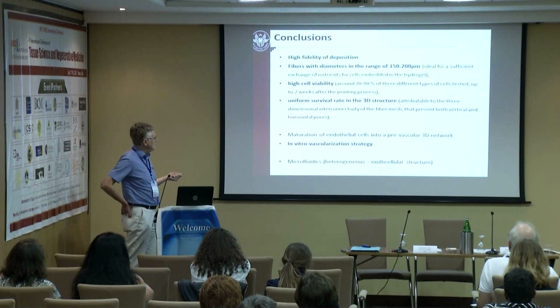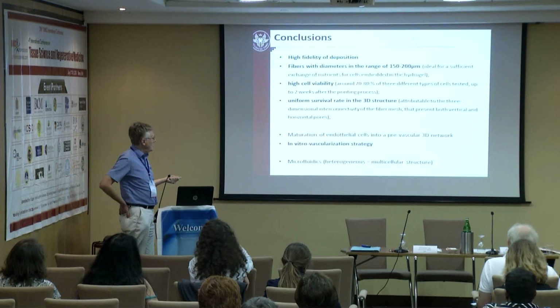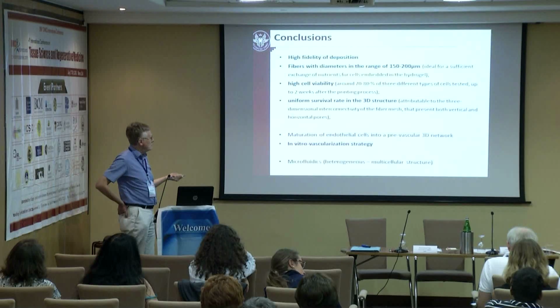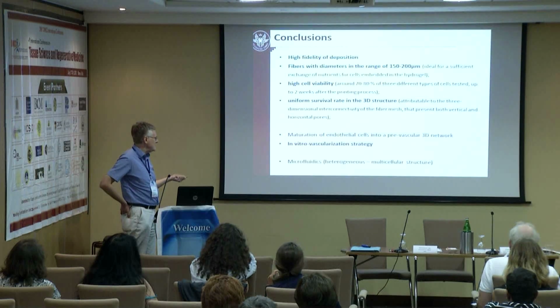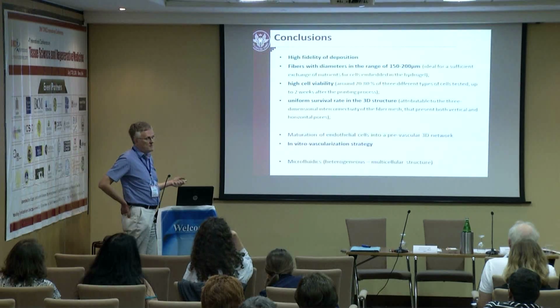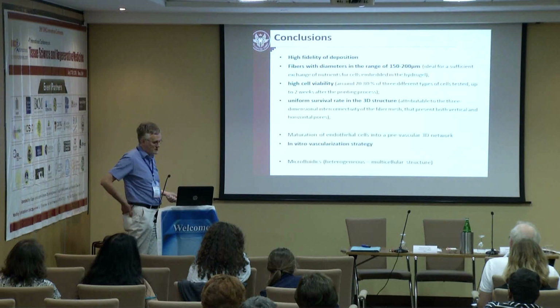And the endothelial cells matured into a prevascular 3D network, which may represent an in vitro vascularization strategy. And also the coupling between the dispensing system and a microfluidic chip allows the preparation of heterogeneous multicellular structures.